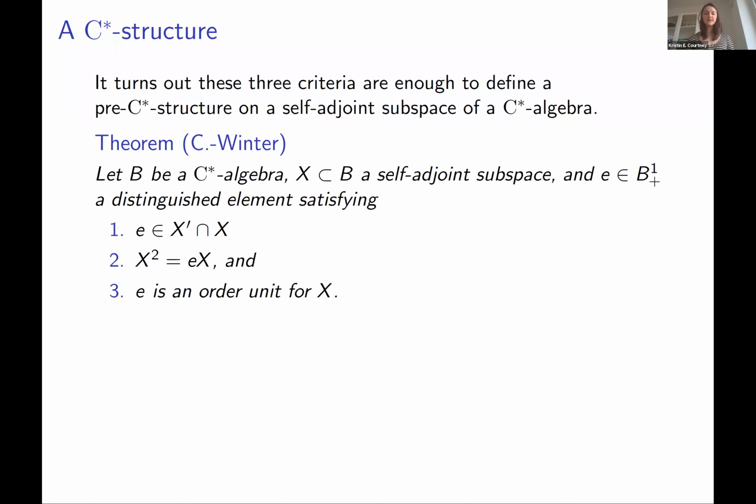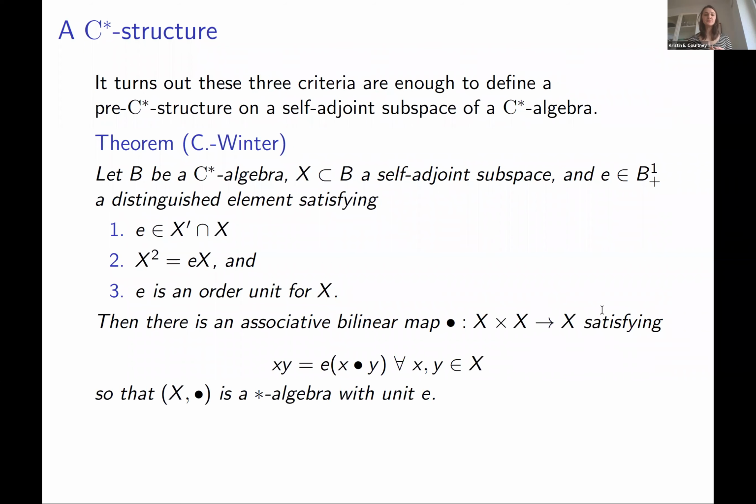E commutes with X, and it's actually in X. X squared is equal to EX, and E is an order unit for X. Then it turns out we can define an associative bilinear map on X, I'll call it bullet multiplication, so that X along with this multiplication is actually a star algebra whose unit is E.